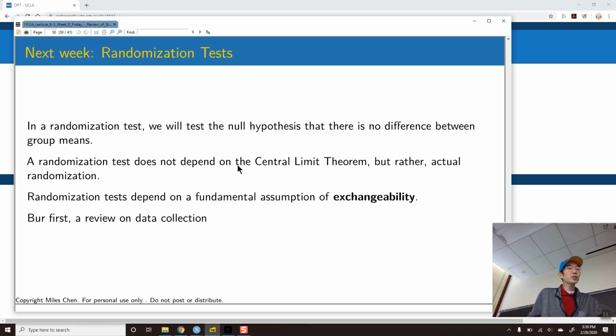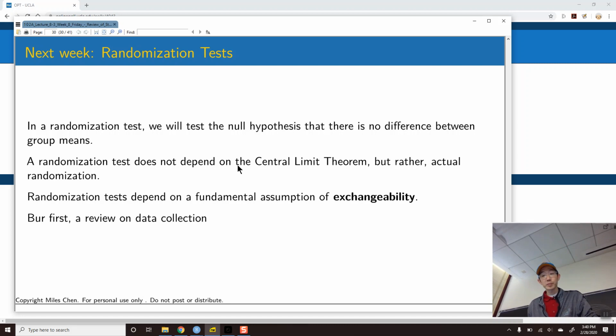What we're going to do next week is look at some randomization tests. In a randomization test, the null hypothesis is that there's no difference between the group means. It doesn't depend on the central limit theorem, but just the randomization process itself. And it depends on this idea of exchangeability, which I'll talk about next week.